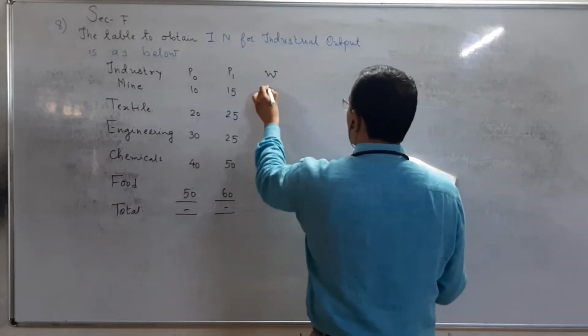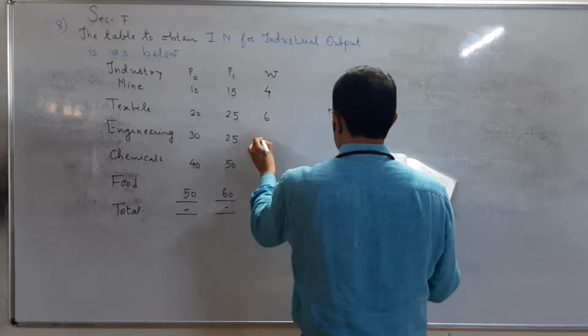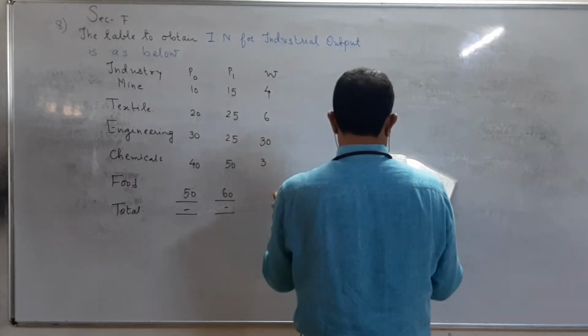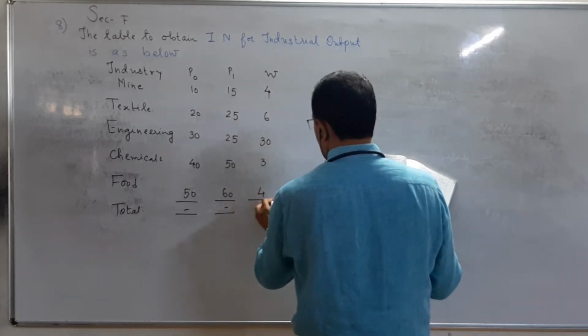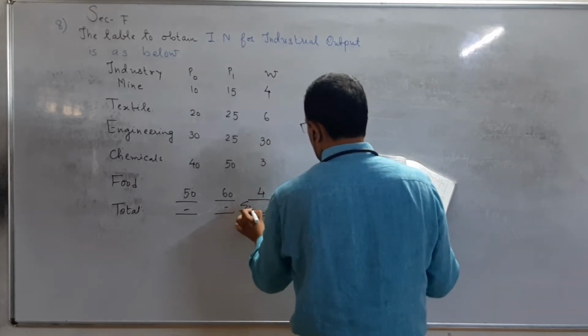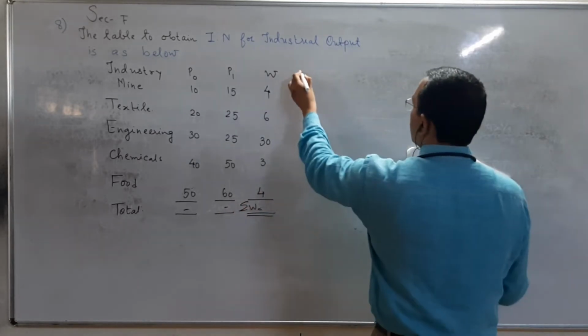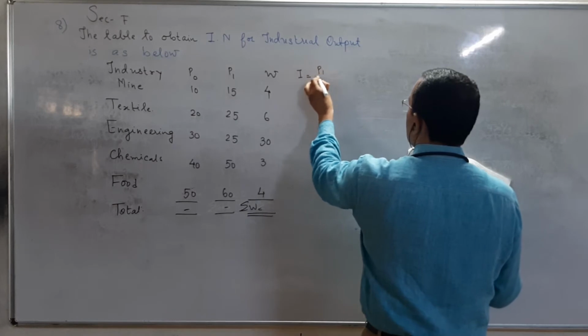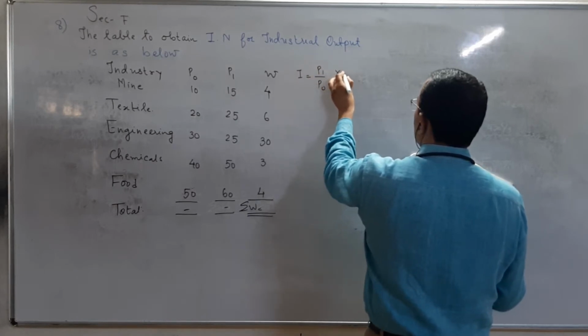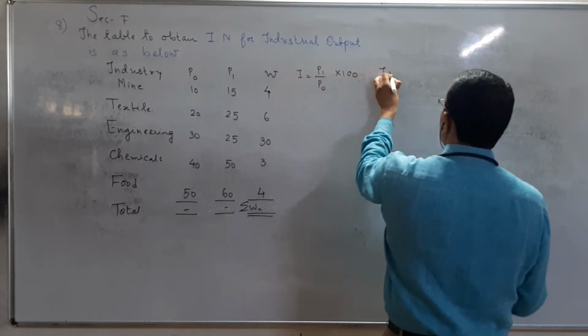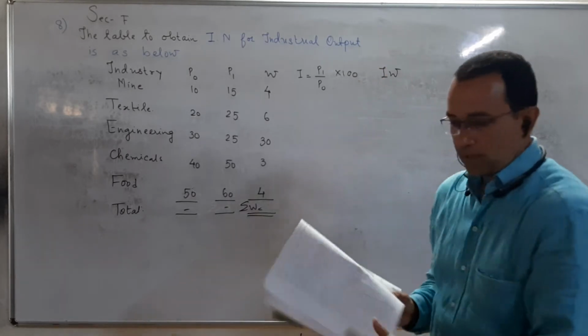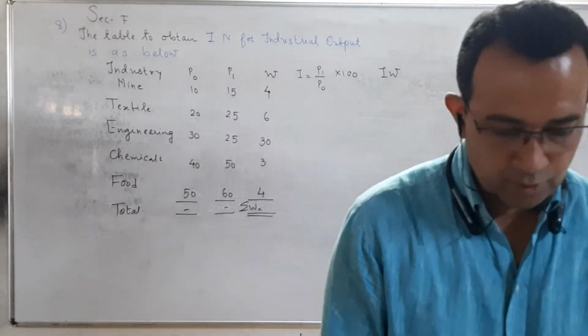Weights are 4, 6, 30, 3, 4. We will total weights afterwards. First we make the column of index number P1 upon P0 into 100, and then the last column will be IW.